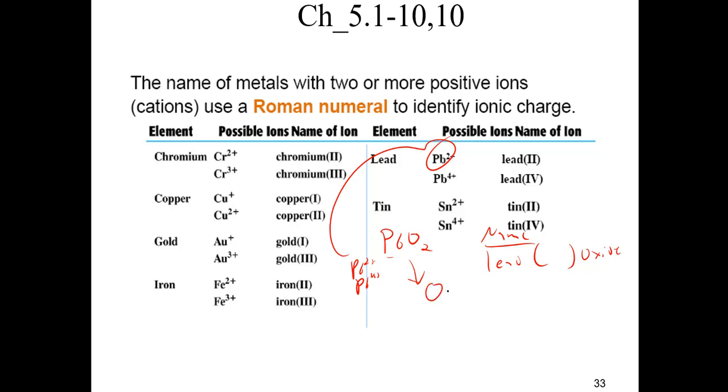We're just looking at individual ions. So in this case, one individual ion is going to have a 2 minus charge. We know this because it's representative. It's in group 6. So 6 minus 8, that's going to be a 2 minus charge.